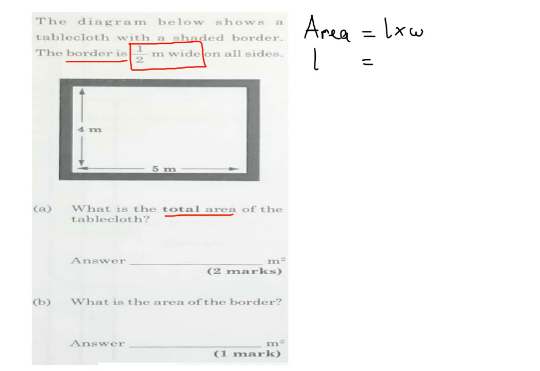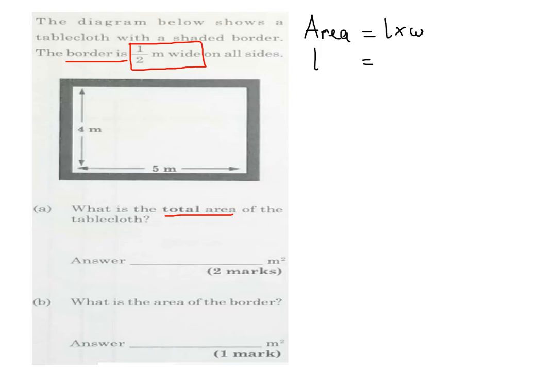So let's think about that for a second. A ½ meter wide on all sides. What does that translate into meaning for us in this problem? Well, a ½ meter wide on all sides means that from this little corner here, where my 5 meters would have started, for example, there's also a ½ meter extra here.